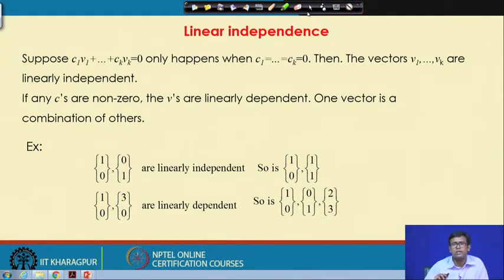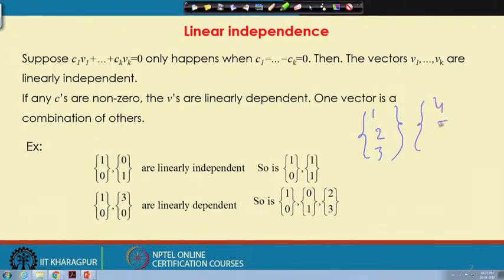So, in a nutshell, if one of the vectors can be expressed as a linear combination of the other vectors, or at least a multiple of one of the other vectors, then it is a linearly dependent set.